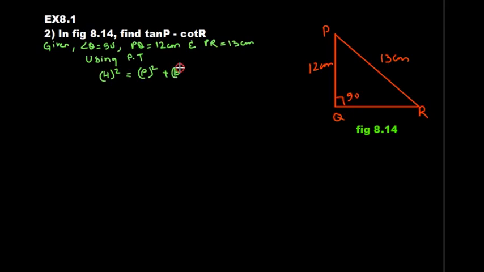So what is our hypotenuse? I hope by now you are clear with the meaning of hypotenuse, perpendicular and base. Hypotenuse will be the opposite side of 90 degree. So the opposite side is 13 centimeter. So our hypo is 13 centimeter, so 13 square. What about our perpendicular? While using Pythagoras theorem, don't get confused about the acute angle.